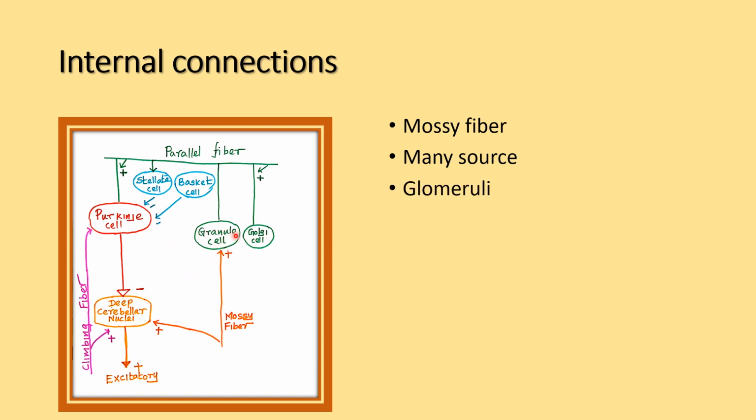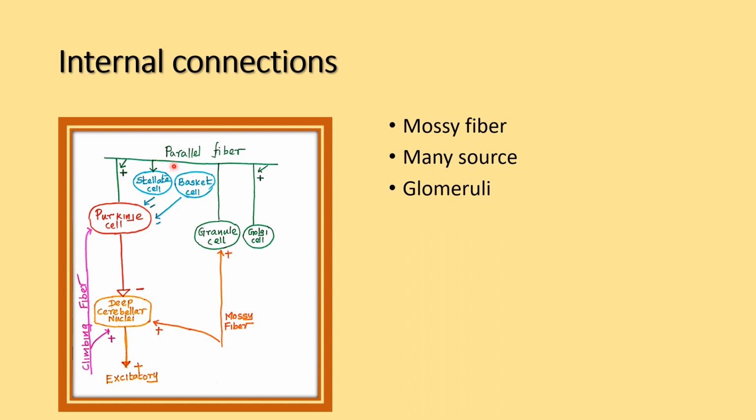The dendrites of the granule cells form the glomeruli. The mossy fiber also stimulates the deep cerebellar nuclei. The granule cell stimulates the basket cell and stellate cell through parallel fibers. It also stimulates the Purkinje cells directly.